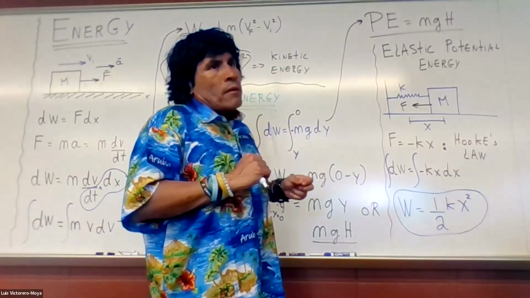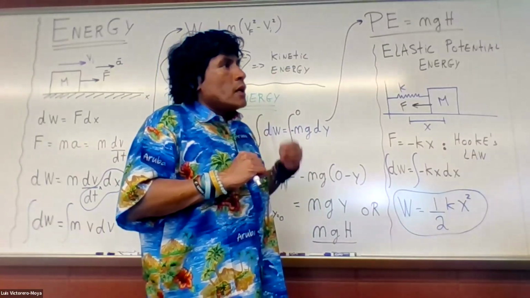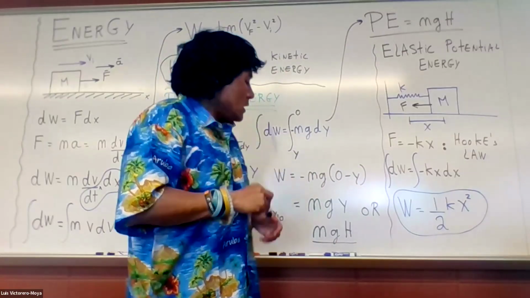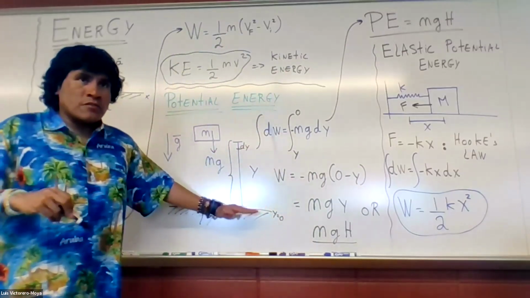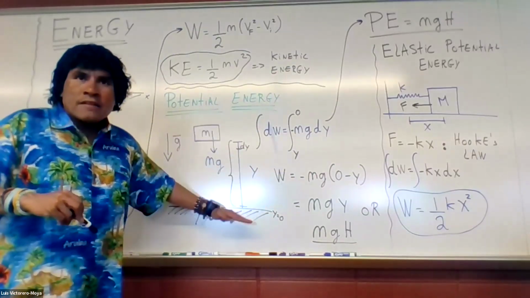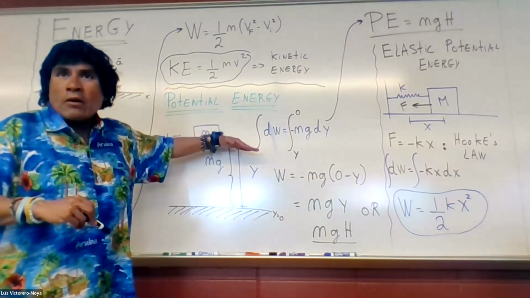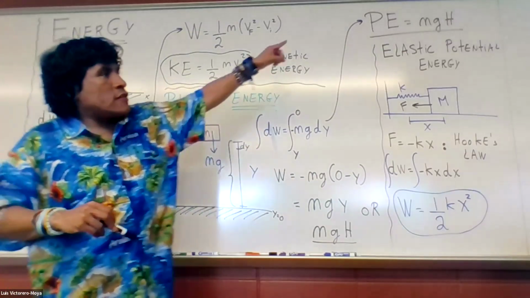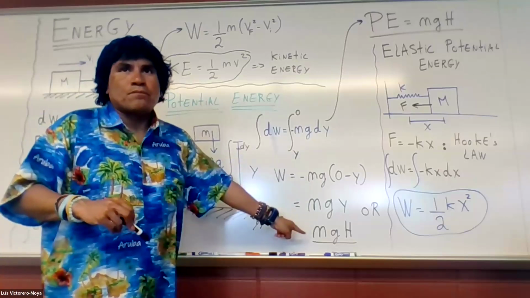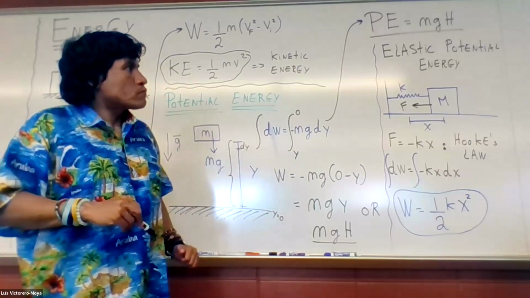That's important about potential energy. You need a reference point or reference frame. So if the ground is your reference frame and the mass is at a certain height above the ground, the potential energy is positive. And mathematically, we prove it like this. All right.